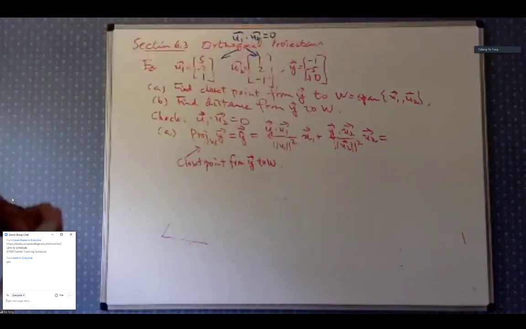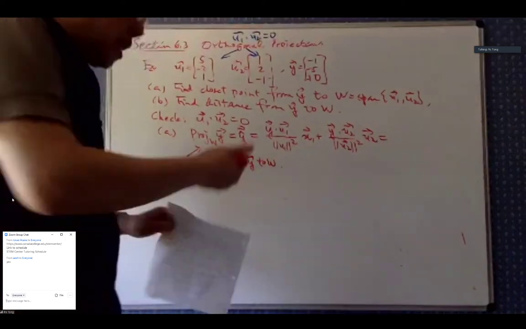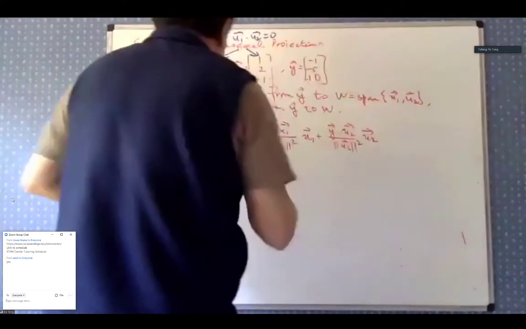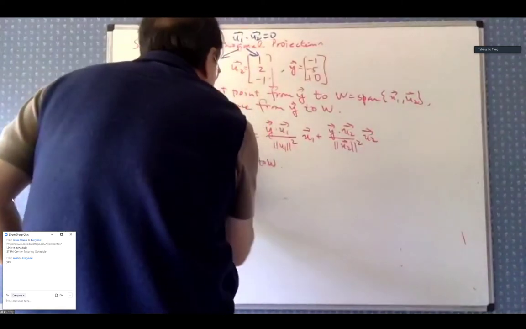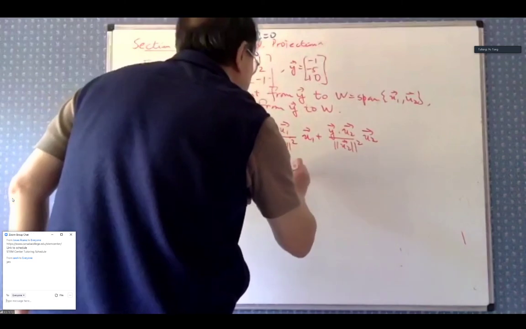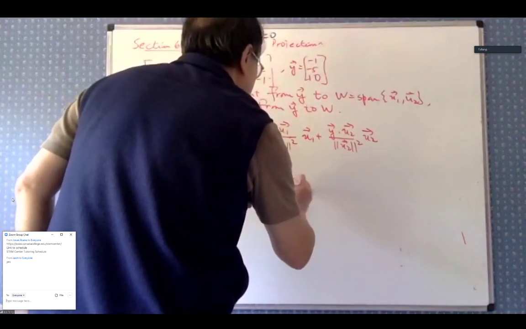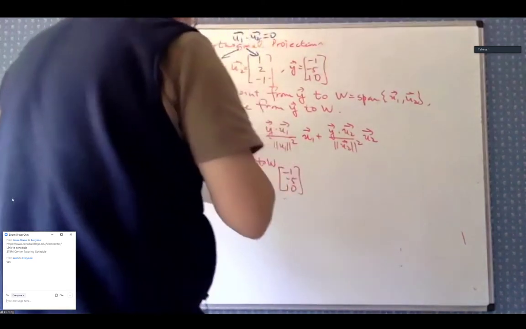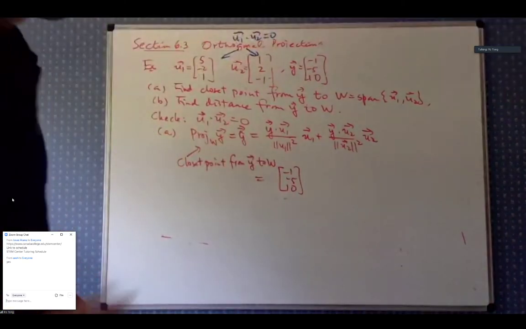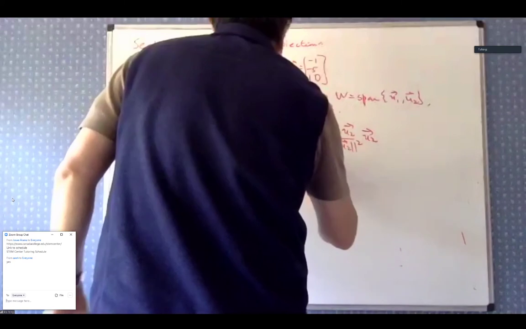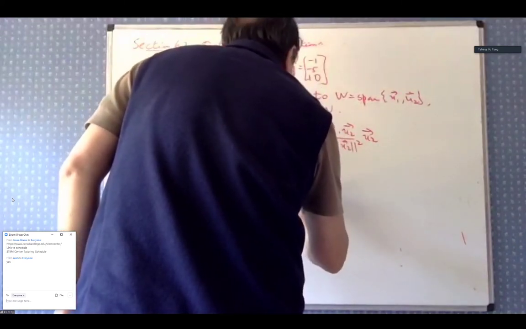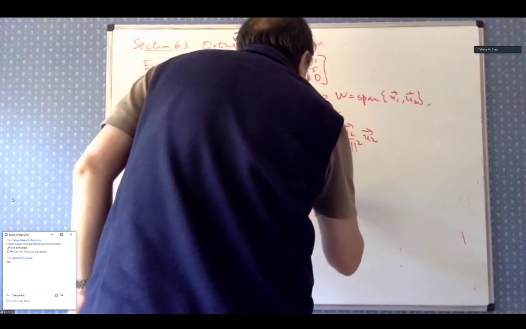Okay? So in this particular example now, I'm going to write it here. So this one will be equal to y, which is this vector, dot 5, -2, 1, divided by 5 squared plus 2 squared plus 1 squared.